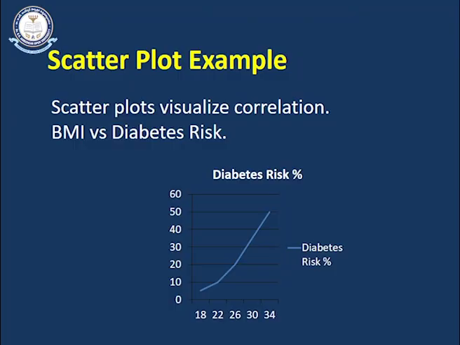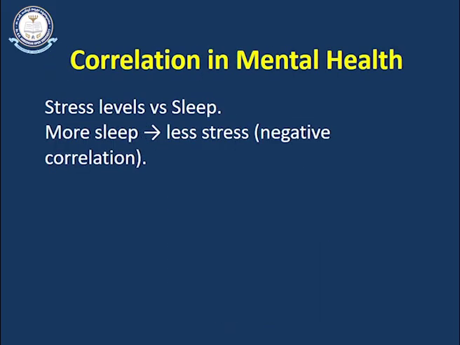That means there is a negative correlation between the two variables. The more you put your body to use, the more you exercise, the cholesterol levels will come down or get reduced. Scatter plots are very important to understand because they give you a visual representation. We will deal with them in our subsequent slides. So correlation is used largely in medical sciences and also in mental health care conditions.